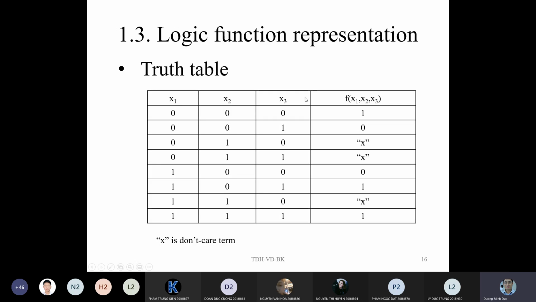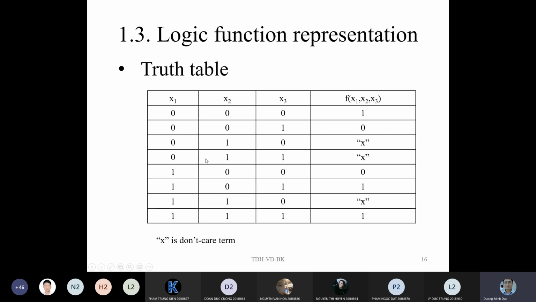Okay, so this is the example of the truth table for a 3 variable function. For the 3 input variables, we will have 8 combinations: 1, 2, 3, 4, 5, 6, 7, 8.